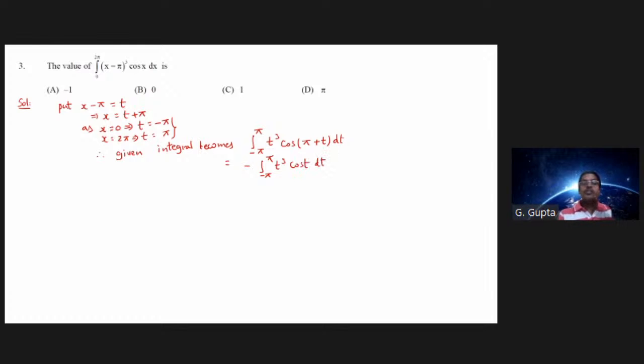Now I denote this product of two terms, t cube cos t, by f of t. Let me check whether it is odd or even, because the limits are in the structure of minus a to a. So put t equal to minus t, that is, minus t whole cube into cos of minus t. This is minus t cube. Cos minus theta is plus cos theta. So finally you get minus of f of t.